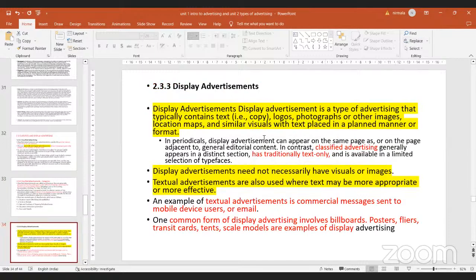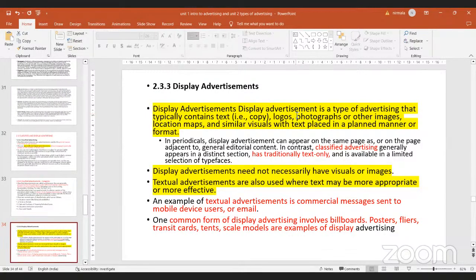Then you have display advertisements. When you compare with the classified, display advertisement is a type of advertisement where it can contain photographs and other information, location maps, and also the text.